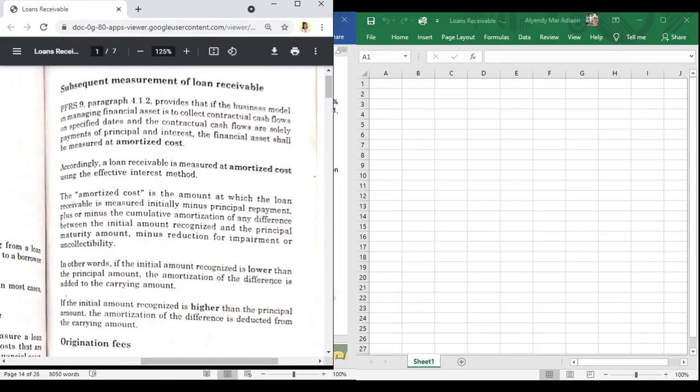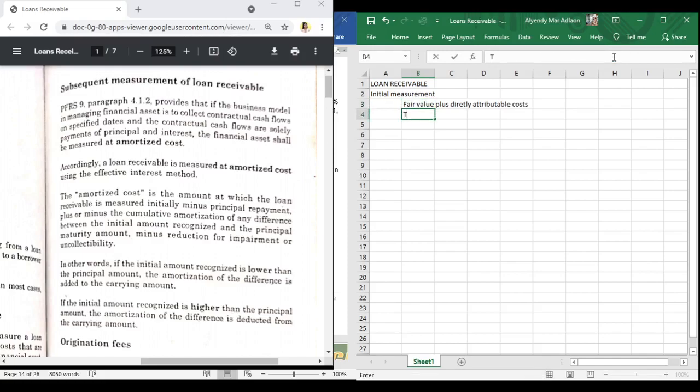Okay, for the subsequent measurement, I'm going to put it here. Loan receivable, for its initial measurement, what was that? That would be at fair value plus directly attributable costs, to emphasize that it is directly attributable.